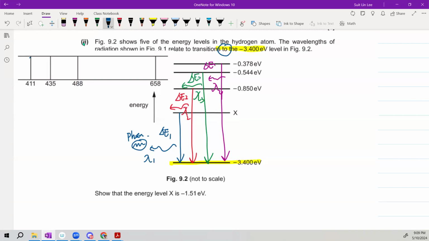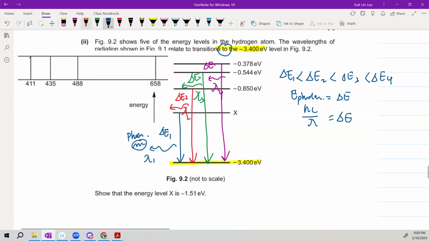So in ascending order, delta E1 is the smallest, and delta E4 is the biggest. The energy of the photon, which is the same as my delta E, is hc over lambda. So the greater the delta E, the smaller the lambda, implying that lambda 1 is greater than lambda 2, greater than lambda 3, greater than lambda 4.